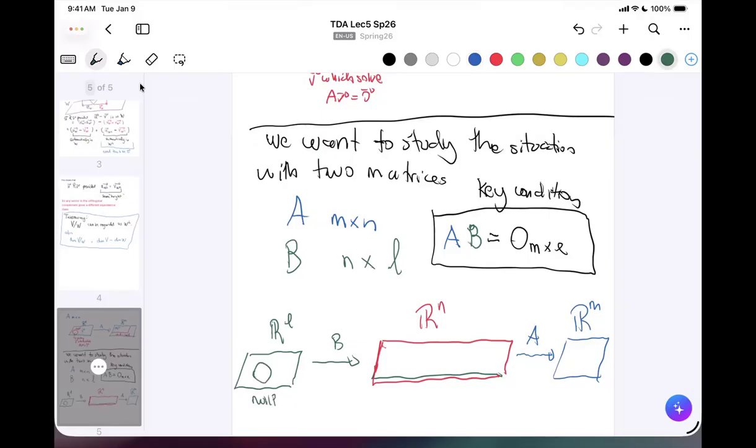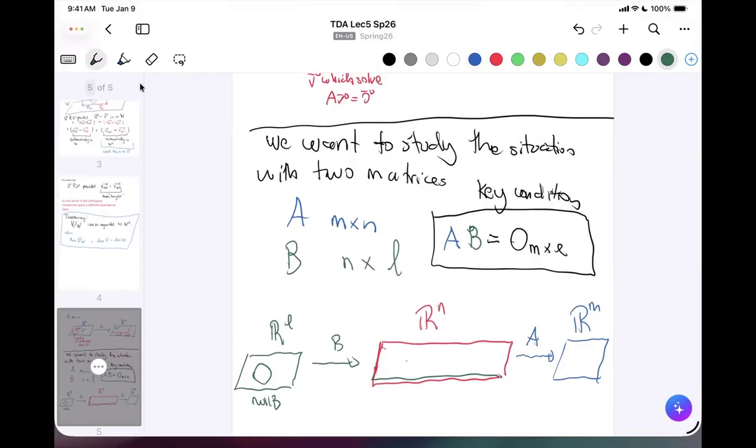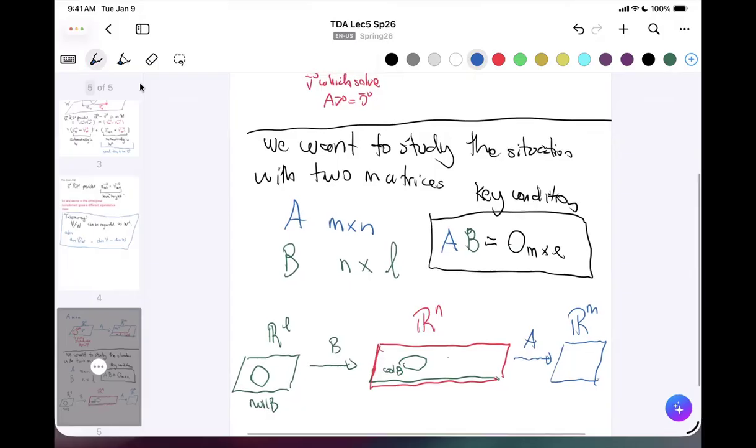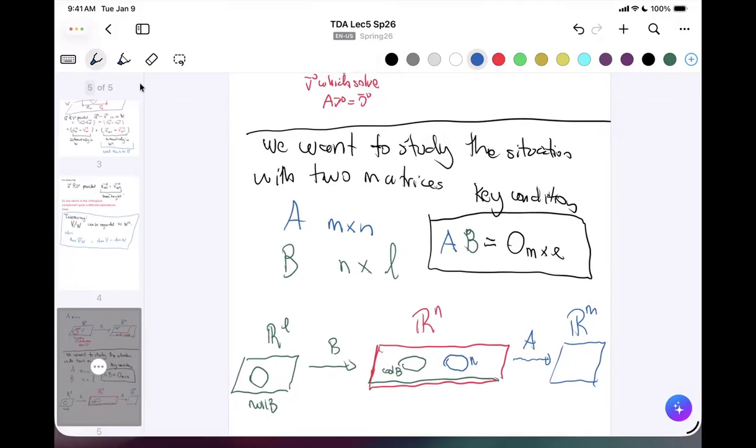The column space of B lives here. And for the matrix A, the null space of A lives in the middle, and the column space of A lives in the third one.